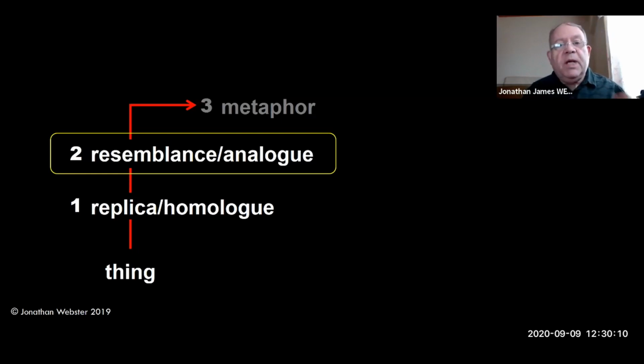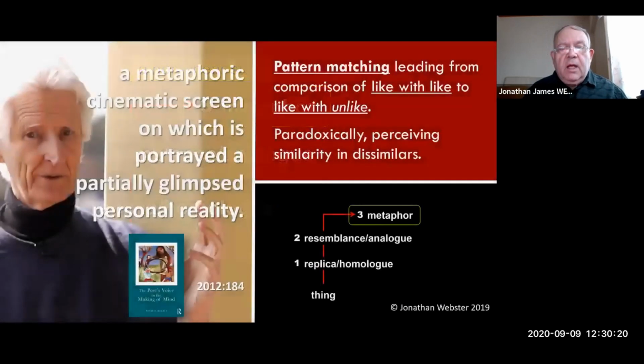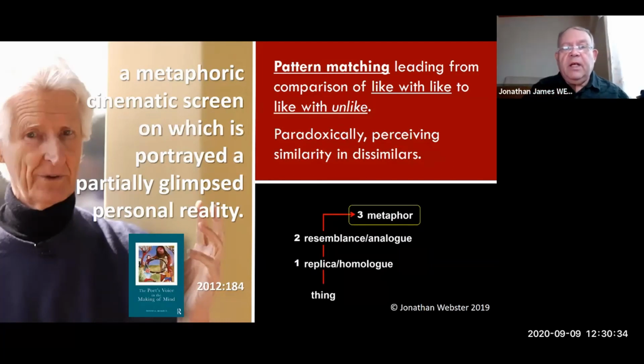But it's always based on comparing like with like. It is comparing patterns. The third step, the non-linear step to metaphor, is also pattern matching, going from a comparison of like with like to like with unlike. Paradoxically perceiving similarity in something that is completely dissimilar.